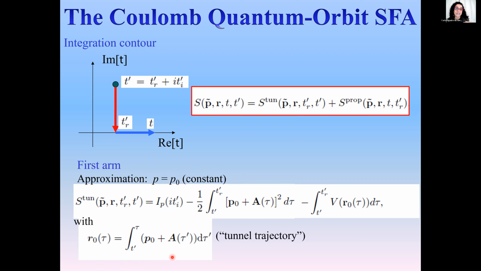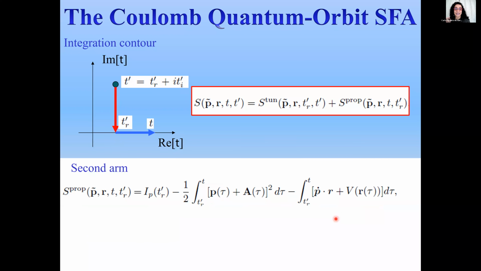This is what we call the tunnel trajectory. The time of the point where the electron leaves, the R naught where the electron leaves for the continuum, we call the tunnel exit. And these are sub-barrier corrections that are also incorporated in our method. And in the second arm, we have this expression, and this is associated with the propagation.